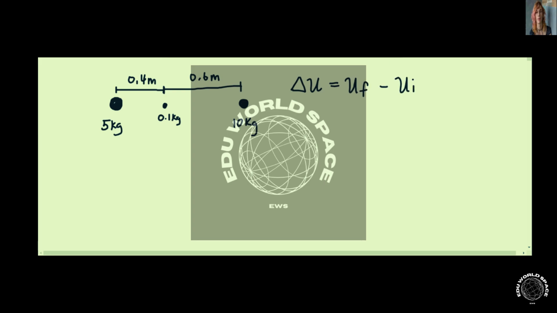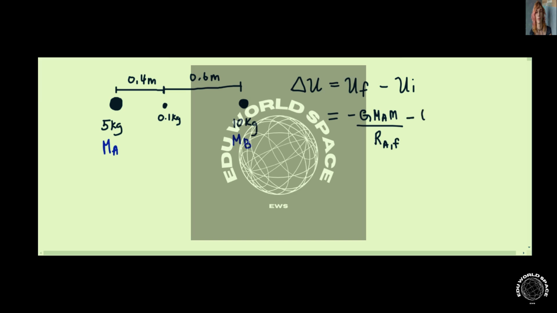So we're going to use UF minus UI. We need to include terms from both the 5 kilogram sphere and the 10 kilogram sphere. I'm going to call the 5 kilogram mass A and the 10 kilogram mass B. The gravitational potential between MA and 0.1 kilograms is going to be minus G MA times little m divided by the distance between them, which I'll label RA final.